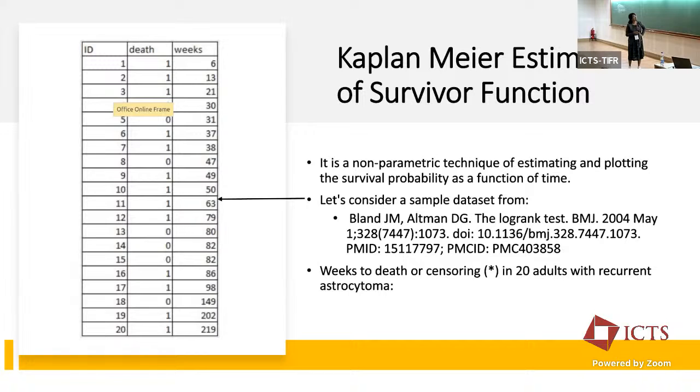So at the point when these data were taken, for the first person, they were 6 weeks in the study, and at that point they were deceased. Whereas the person with ID number 5 has been in the study for 31 weeks and is still alive. So people aren't necessarily in the study for the same length of time.